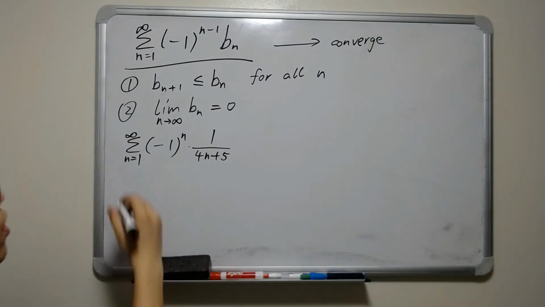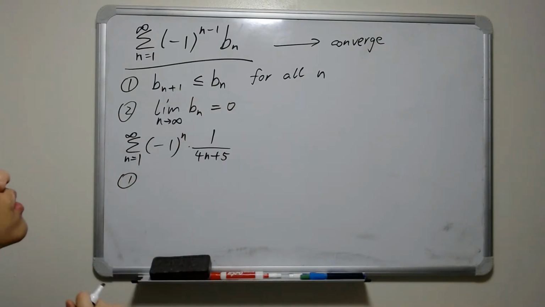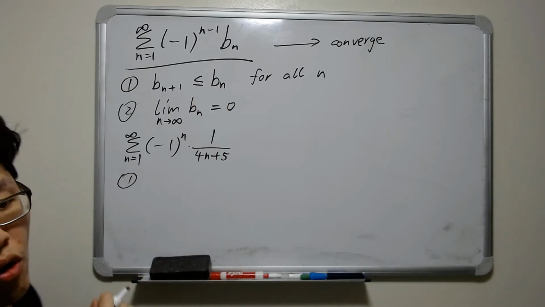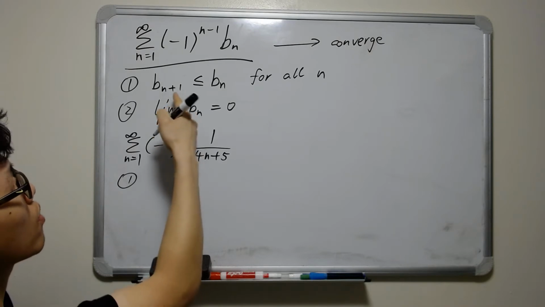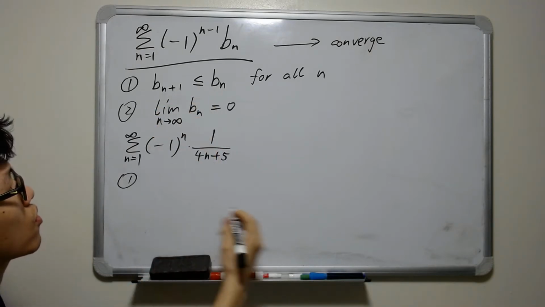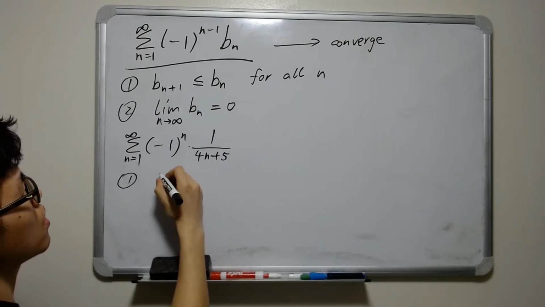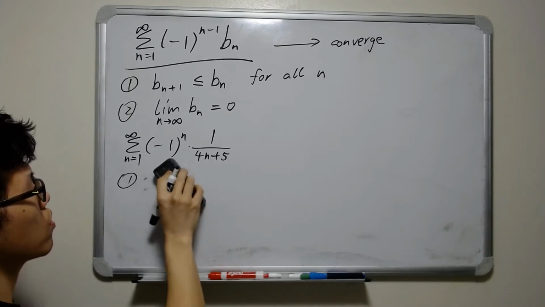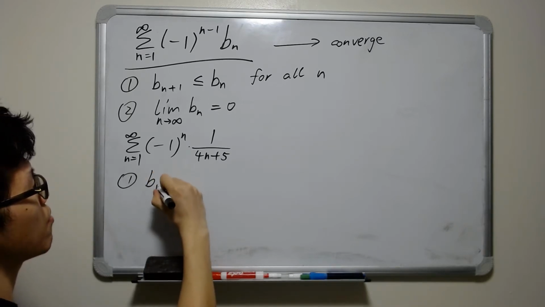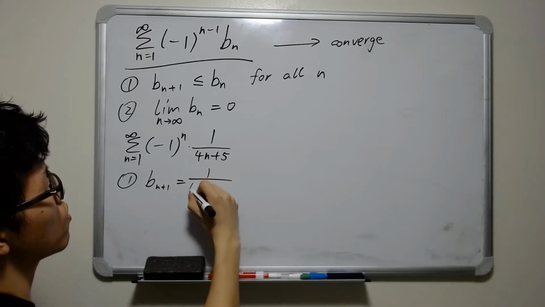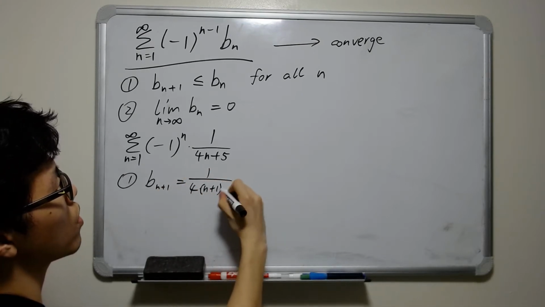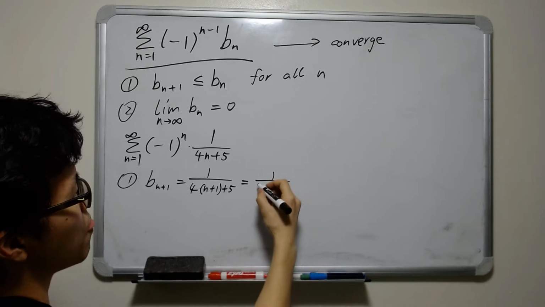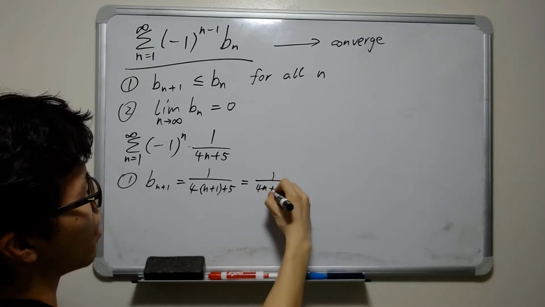So first, I check the first condition. The b_n should be always decreasing. So I write down b_(n+1) and b_n first. b_(n+1) is 1 over 4 times (n+1) plus 5, which is 1 over 4n plus 9.